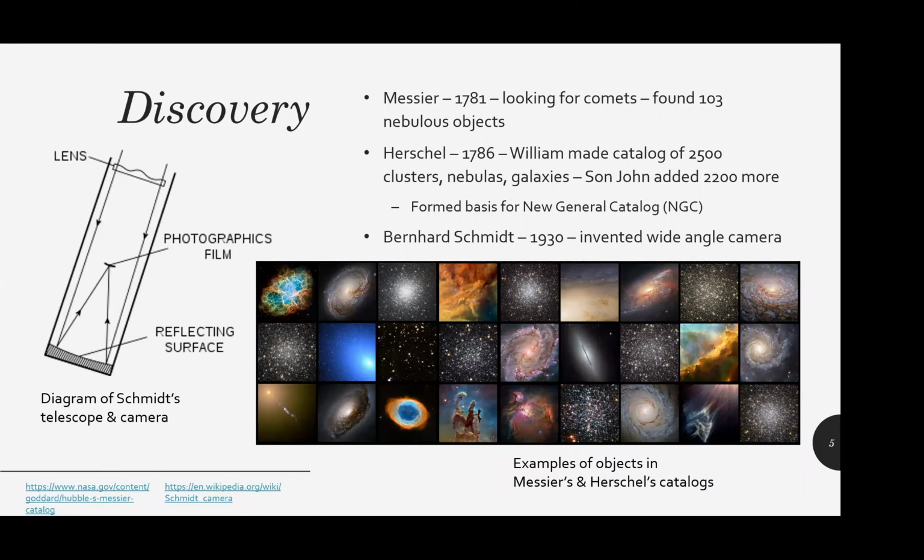The reason that's important is because long exposure photographs allow us to capture more detail than our eyes, the naked eye, can detect. So that led to the beginning of our understanding of the difference between a nebula, a cluster of stars, and a galaxy.